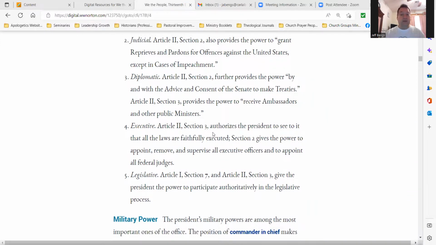The president is responsible to see that all laws are faithfully executed. So laws that are passed by Congress come across the president's desk and he signs them into law. He and his branch are then responsible to see that those laws are executed.